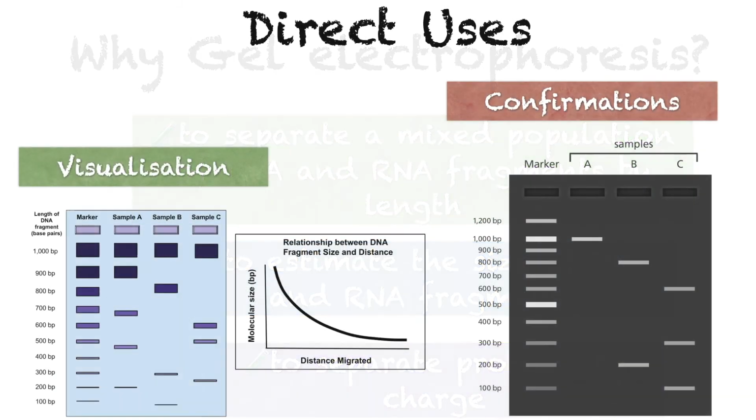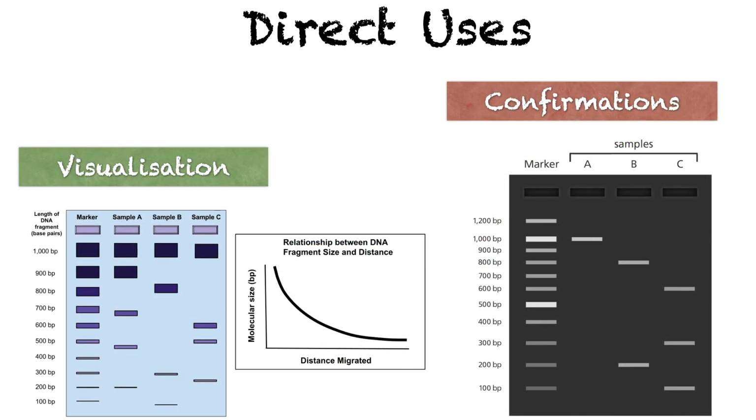Well, how does gel electrophoresis directly reflect in laboratory work then? Yes, it reflects either in visualization form or in confirmation form. What happens is when we perform our experimentation in the laboratory, we might be performing different tasks at the same time. Sometimes we might be doing restriction digests, sometimes we might be doing extraction of DNA, sometimes we might be doing PCR and a lot of other experiments.